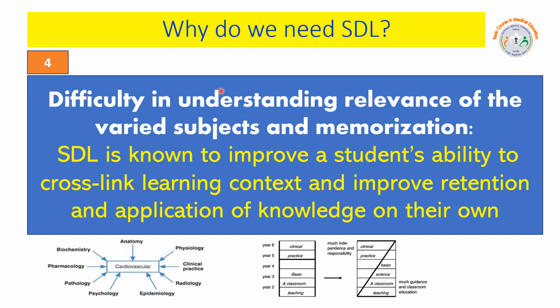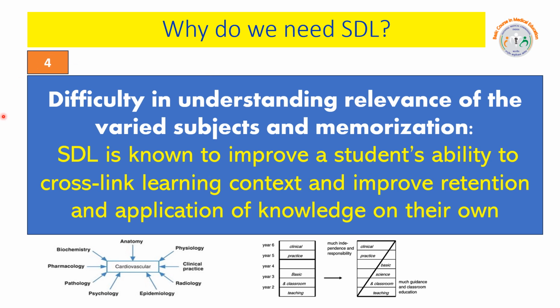Now the fourth point is difficulty in understanding relevance of varied subjects and memorization. Suppose a student is learning liver anatomy in anatomy class, and the mechanism of jaundice, how the bile is formed, the different types of jaundice, the clinical aspect in physiology class, and the liver function test in biochemistry.